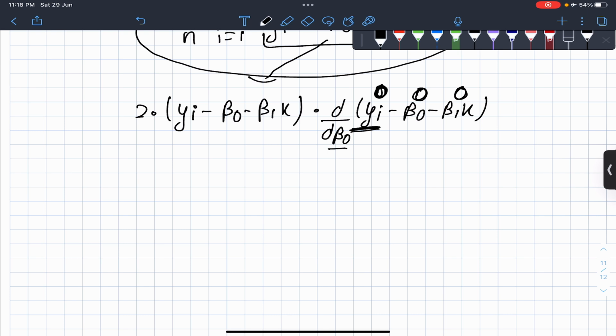So we don't have anything to do with beta 0, because beta 0 is actually not affecting it.